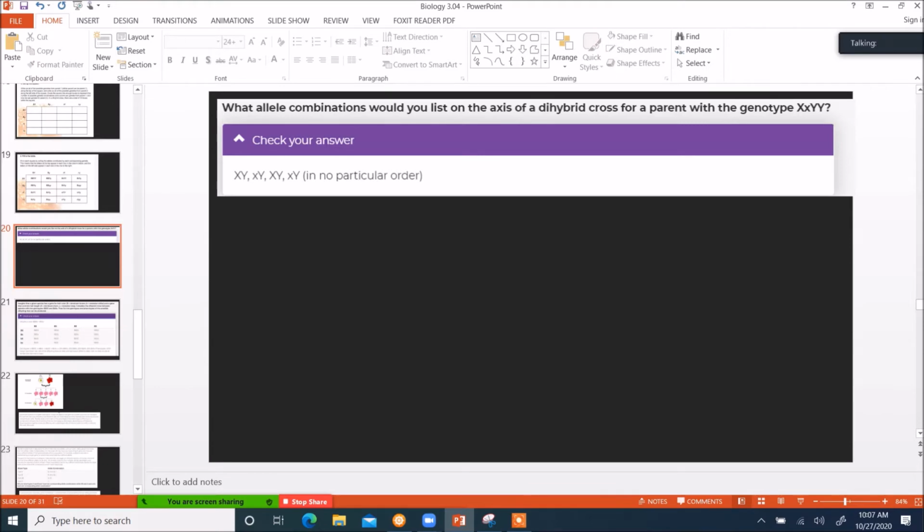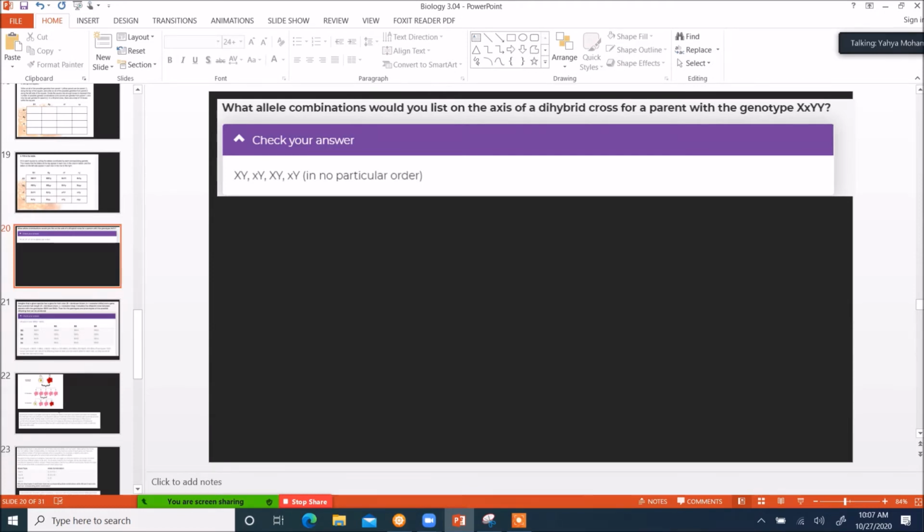So do you understand what this question is asking? All right. So let's take a look at the X's first. Capital X, lowercase x. You understand? There's two alleles for every organism. So let's suppose that parent is producing a gamete through meiosis.